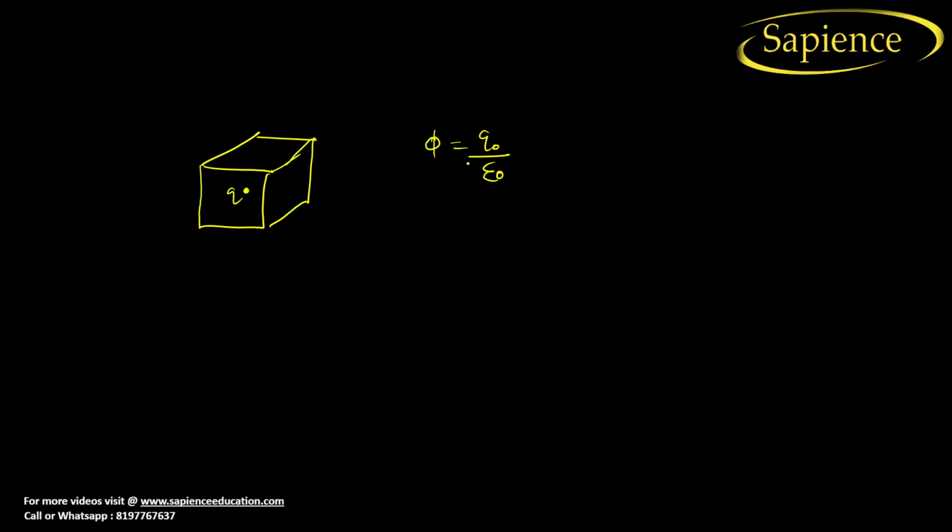Now total flux is equal to this one, right? Now if you want to find the flux through one face, it will be charge enclosed by epsilon naught into 1 by 6, because there are six sides.